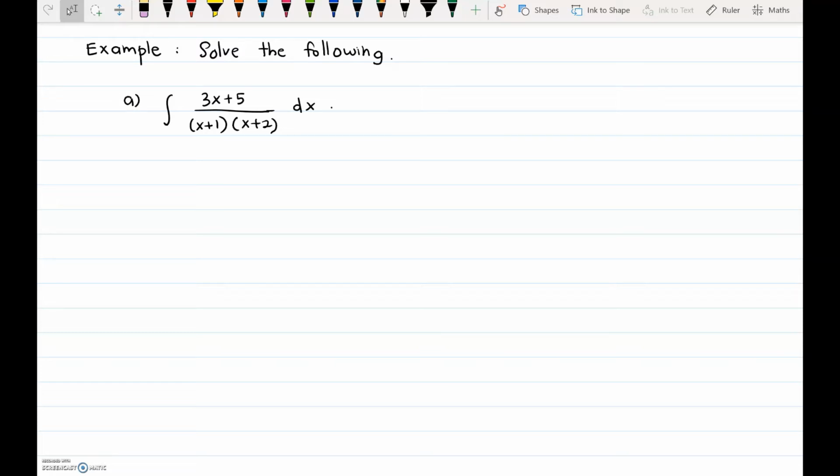In this example, we have a rational function, and it is a proper rational function, and your g(x) can be factorized. How do we know that g(x) can be factorized? Because it is written in the form of factors.